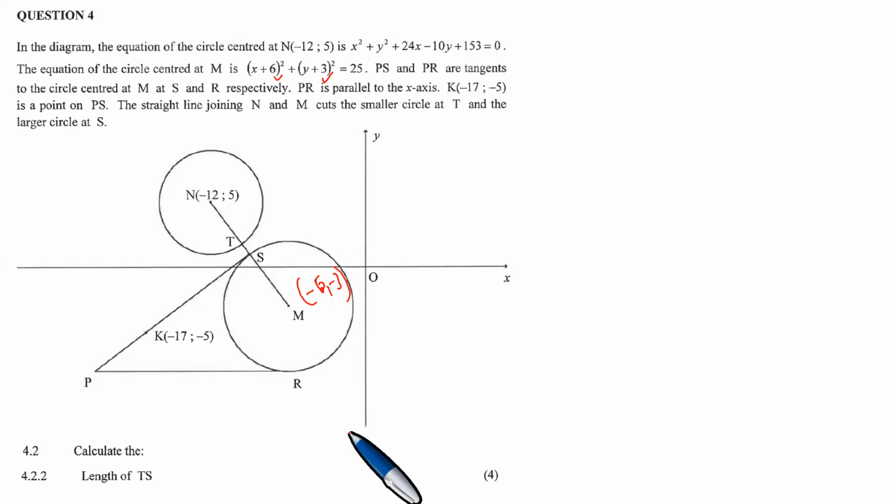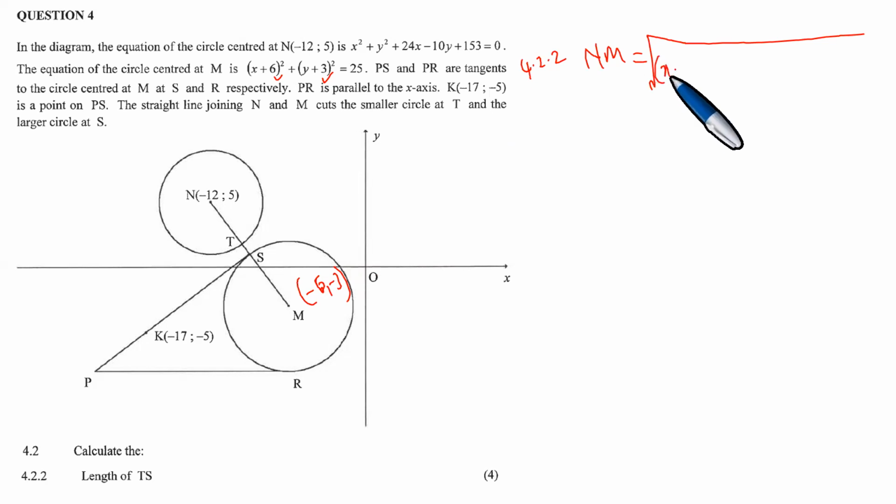We want to find NM, which is the square root of (x2 minus x1) squared plus (y2 minus y1) squared. So at this point, we continue.